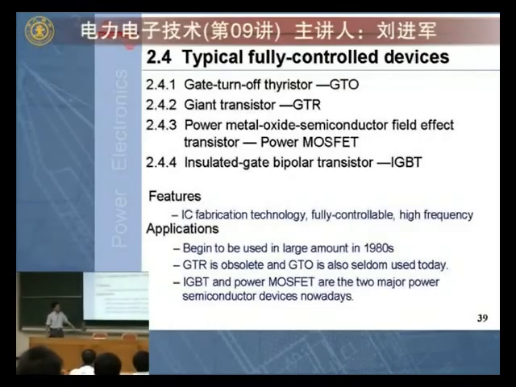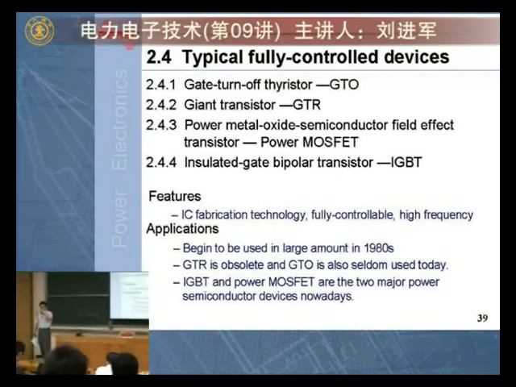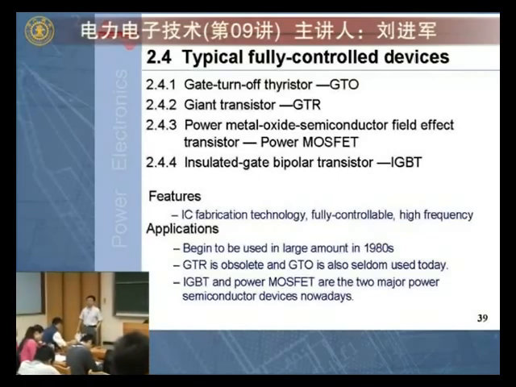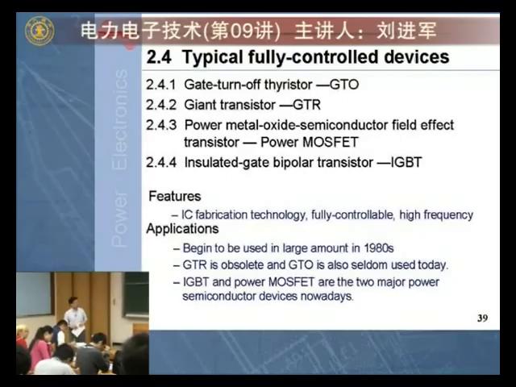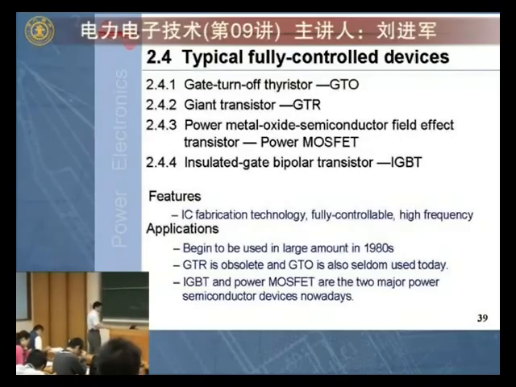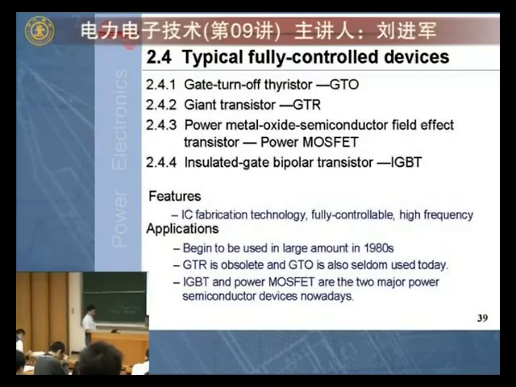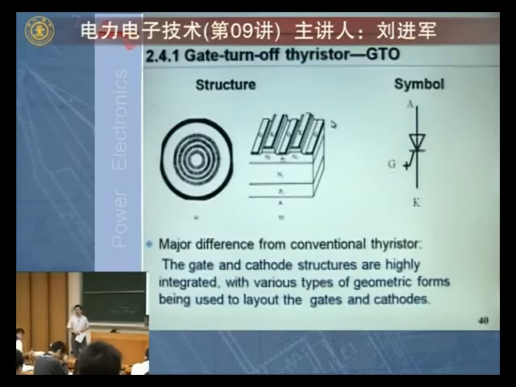So they are the two major power semiconductor devices nowadays. So our focus will be on the introduction of power MOSFET and IGBT. But before we get into that focus, we still want to talk a little bit about GTO and GTR because we have to know some basics.